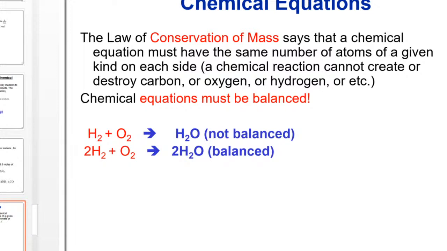So when you're looking at your chemical equation, you have the same number of atoms on the left-hand side and the right-hand side, because matter can neither be created nor destroyed. So in this case also, a chemical reaction cannot create or destroy any given atom.